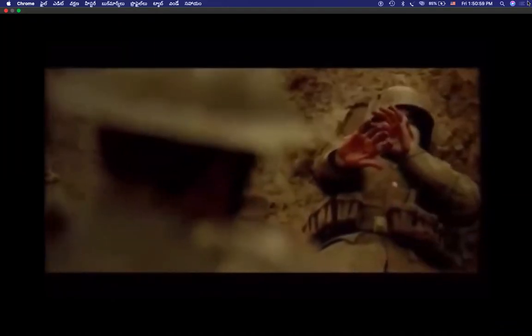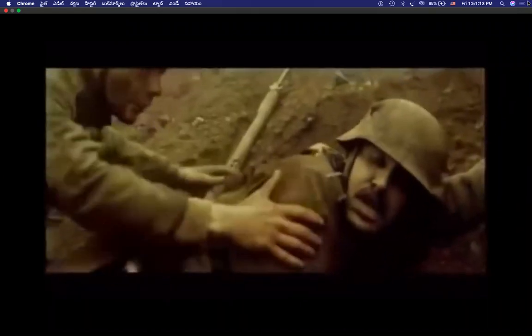It's so brutal, right? That's what war is. But he doesn't want to shoot. He leaves that German soldier. I think this is the Battle of Somme or something, which is a very brutal battle in the history of Europe.